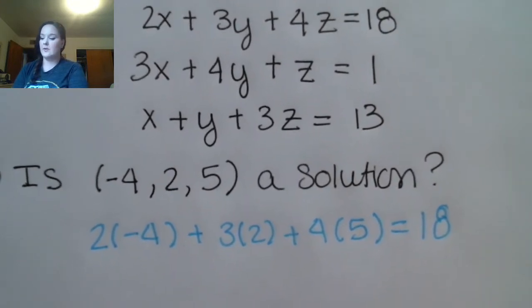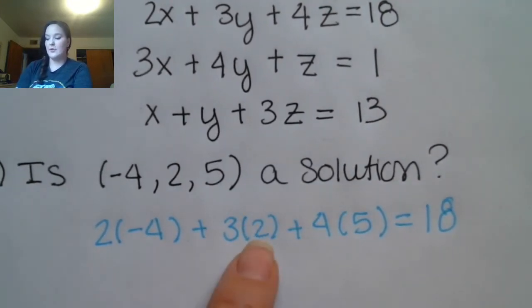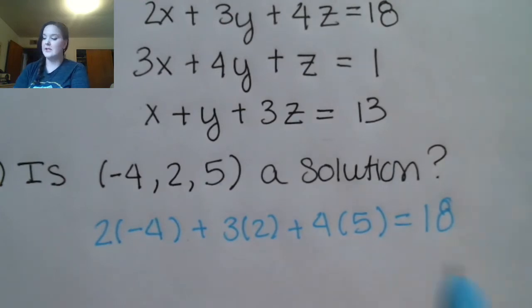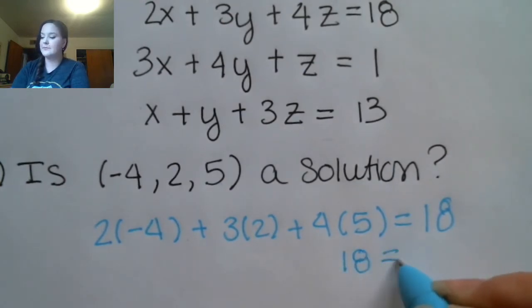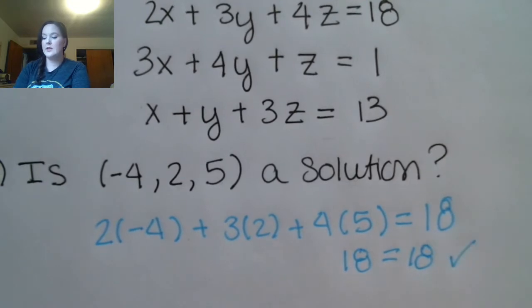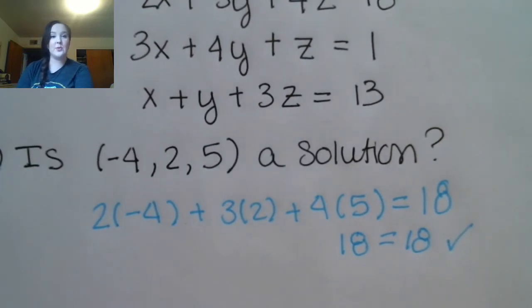So this is -8 plus 12. Oh, I'm sorry, plus 6. So -8 plus 6 is -2, plus 20 is 18. So we would have that that's a true statement.